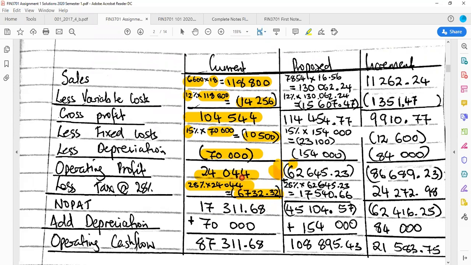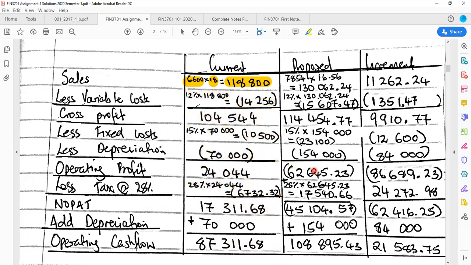Then I said the operating profit minus the tax gave me the net operating profit after tax of 17,311.68. And then I added depreciation, and you always add back depreciation, and that gave me the operating cash flow of 87,311. So I did the same for the proposed asset.